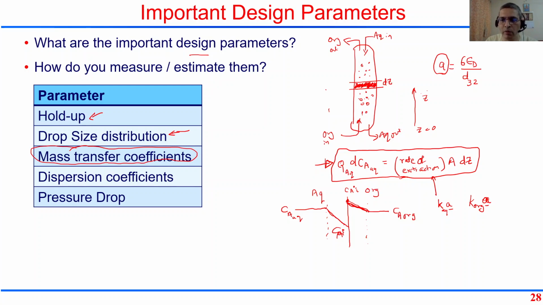Right. So think about what we had talked about when we were talking about RTD. You might want to revise that as well. If it was well mixed, then we would have all this concentration equal to the Ca out.